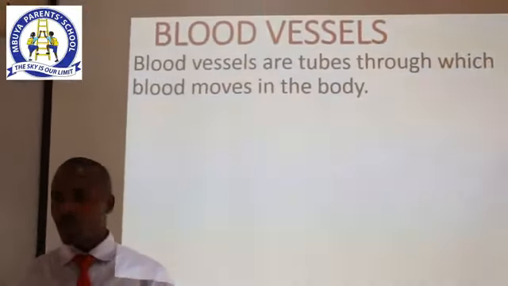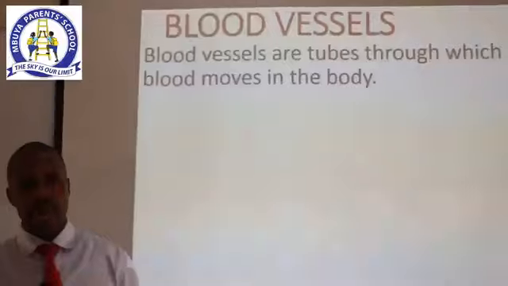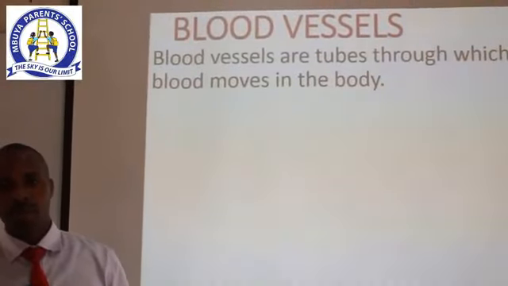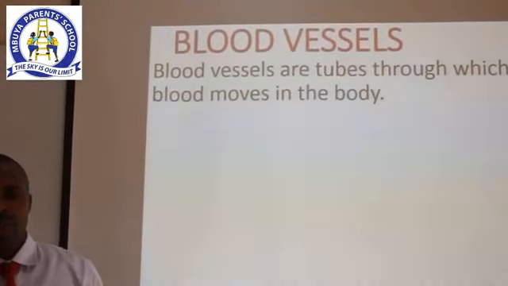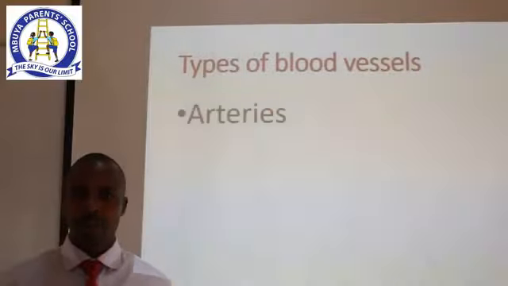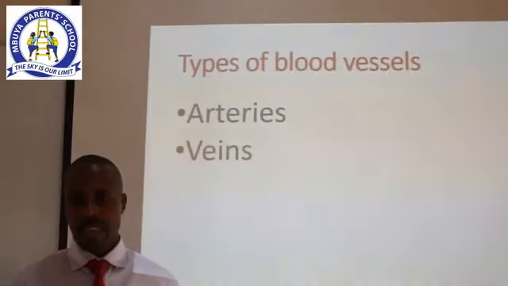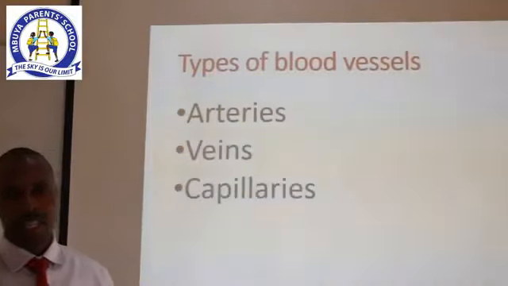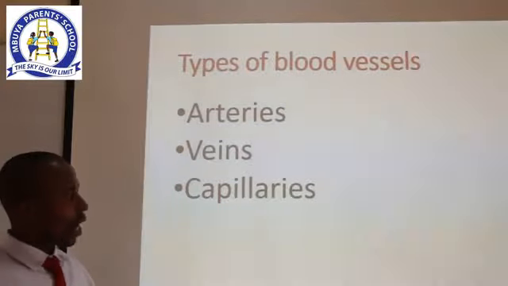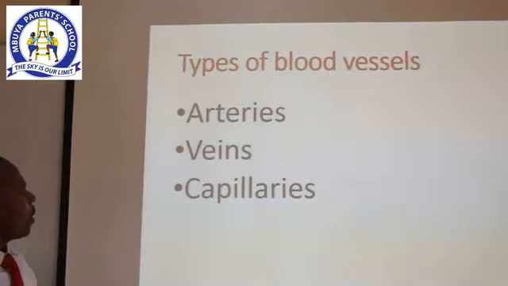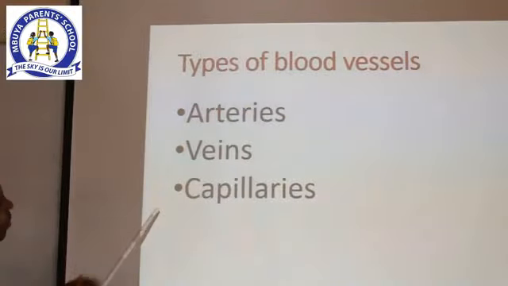The blood vessels are majorly three types. The first one, we have the arteries, we have the veins, and then the last group, we have capillaries. Make sure that you master the spellings of these blood vessels. Now we are going to go into details about each of them.